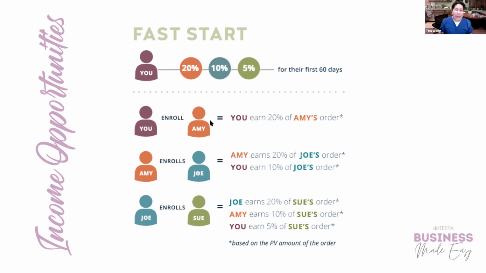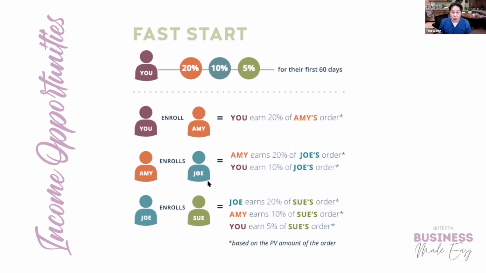Later on, Amy says, "I have a brother, Joe, and he lives in Tennessee, and he wants to try the oil." So Amy enrolled Joe. I don't know Joe, but Amy knows Joe. So Amy becomes the primary enroller and she gets 20%. Because I enrolled Amy, I get 10%.